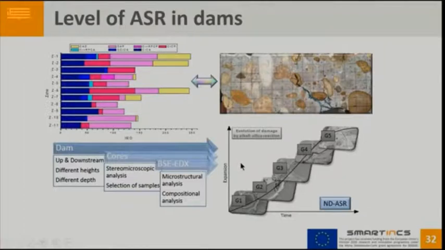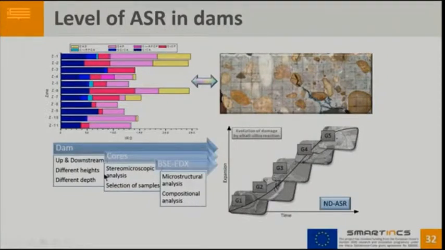Also, in our institute, we have developed, with the same philosophy, a method to evaluate the reaction rate in different parts of the concrete in different structures by studying by backscattering electron microscopy.